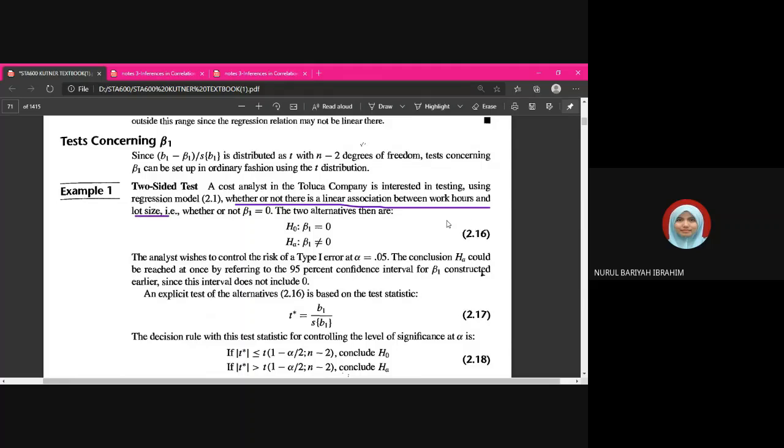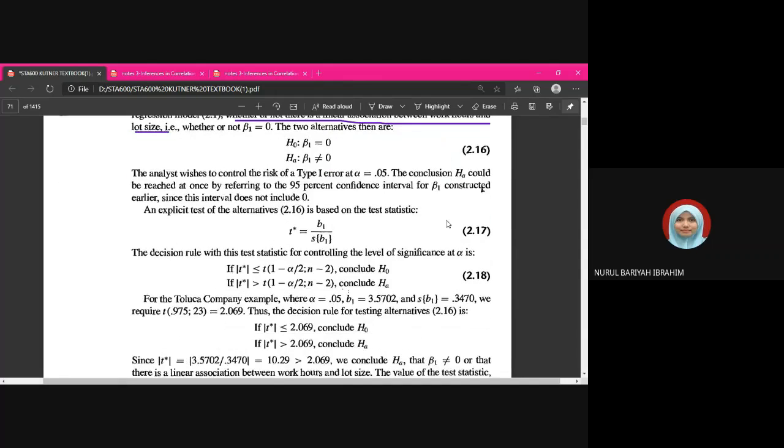So as usual, when doing hypothesis testing, we need H0, H1, and then the researcher needs to determine the value of the significance level. It depends on the researcher. And then we need the test statistic.